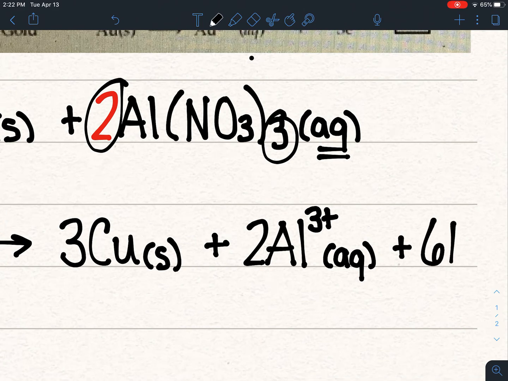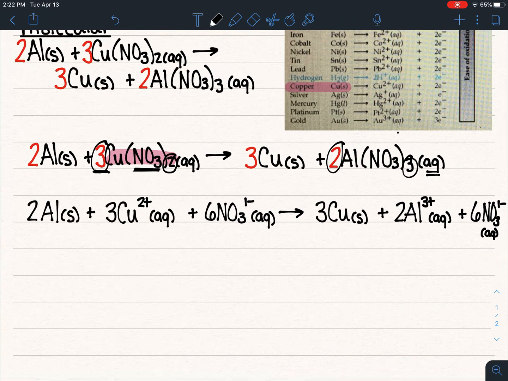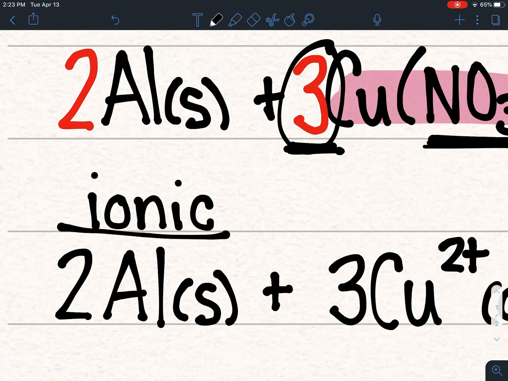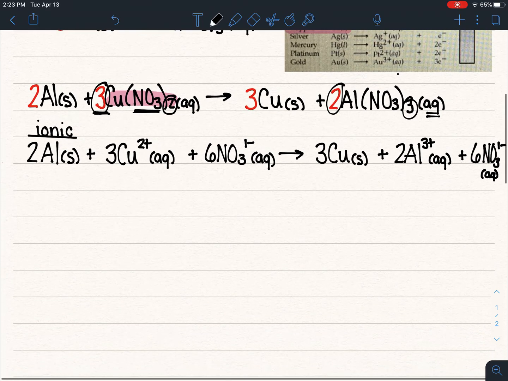So we write 6NO3− with the aqueous symbol there. This is called an ionic equation. Again, we're taking the ions in that equation and breaking them down. And now we're going to write the net ionic equation.